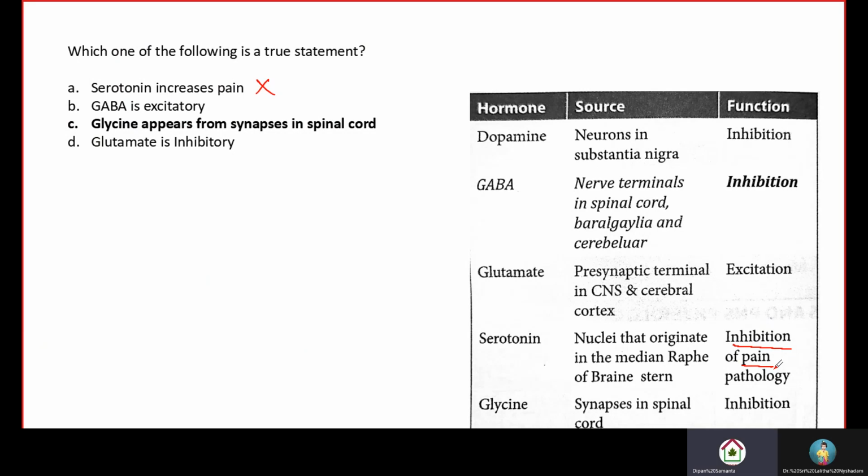Next is GABA is excitatory. GABA is inhibitory, not excitatory.